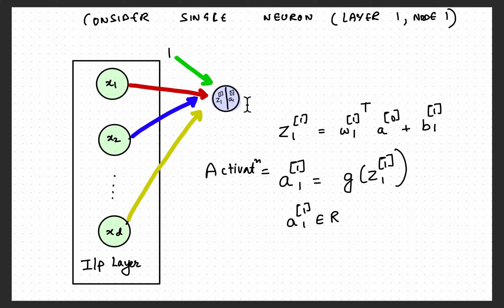Since Z square bracket 1 subscript 1 is a real number, then so is A square bracket 1 subscript 1. Again, I would urge you to pause at this time and try to work through all of the convention that we have done thus far, because it only gets more involved from now on. Assuming you have done that, I'll move forward now.